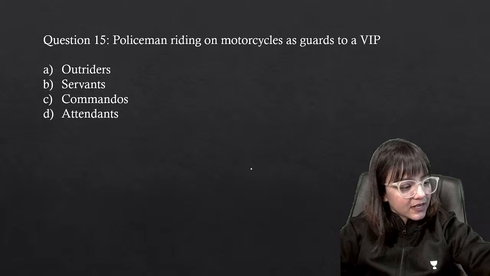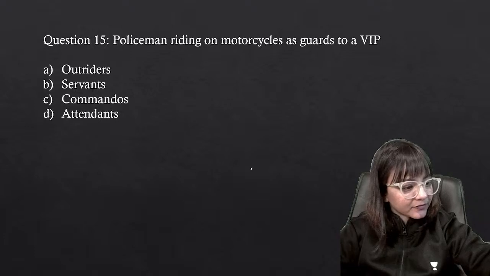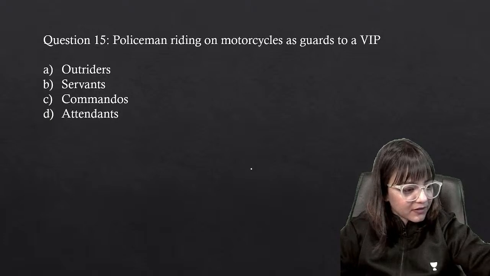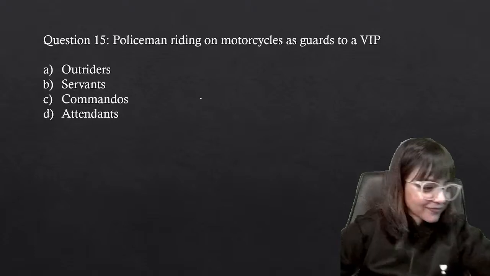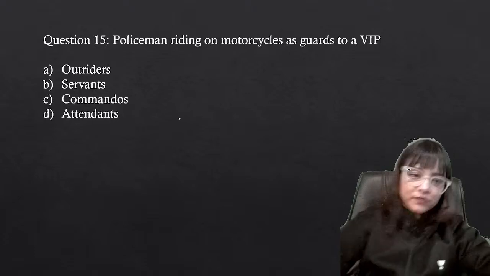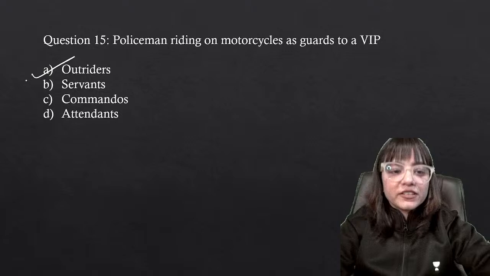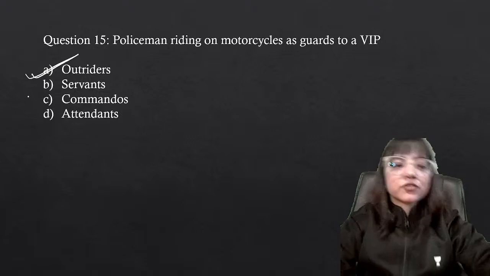Arpita is saying delta. Nikhil is saying alpha. Ravneet is saying Charlie. Nikhil is saying Outriders. That is Alpha. Commandos, I think. No. The correct answer will be Outriders. Okay. Not Commandos. It is called Outriders.